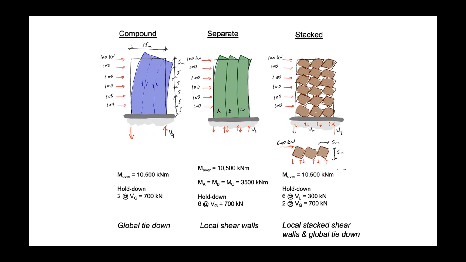In the second case, where we have separate walls over a third of the width, we have three times the number of hold downs, each of which requires the same capacity as the compound one. And then we have the hybrid stacked case, which is actually commonly the method adopted in North America, where you might see reasonably modest hold downs through the footprint of the building and then some whoppers on the outside. It's this kind of compound approach.